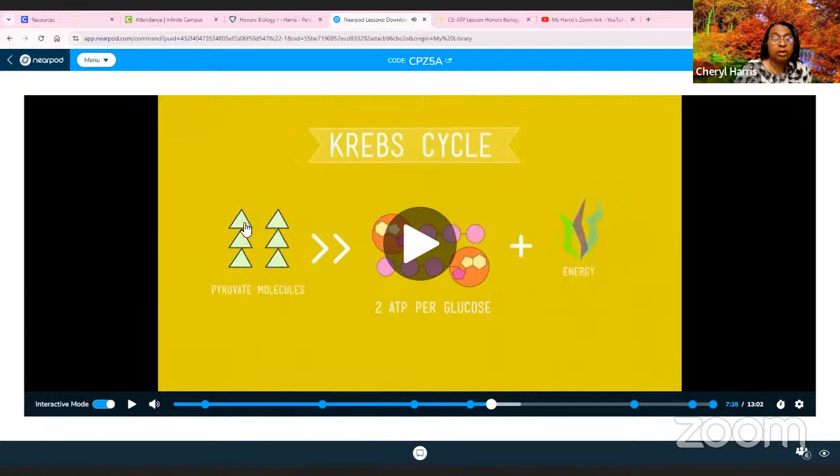All right, I'm pausing there. You see how sometimes it circles. He's using triangles, but those triangles represent the 3 carbons in each of those pyruvate molecules. So it's 2 pyruvate molecules, each a 3-carbon molecule.